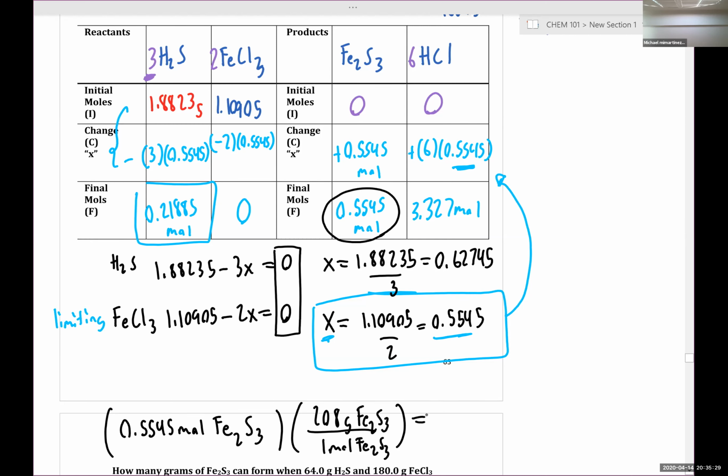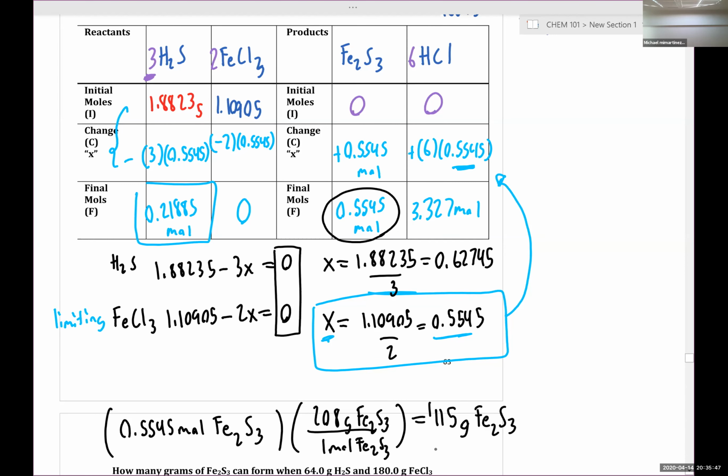And if we punch that into our calculator, we get, in the end, 115 grams of iron 3 sulfide.